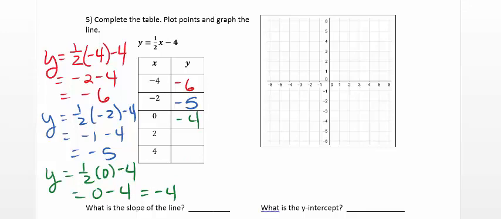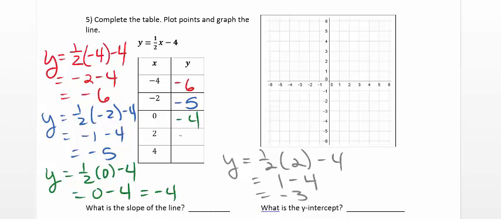We're going to substitute 2, so 1/2 times 2 minus 4, half of 2 is 1, and then 1 minus 4 is -3. And then our last one, we're going to plug in 4 in place of x, so 1/2 of 4 minus 4, half of 4 is 2, and 2 minus 4 is -2.